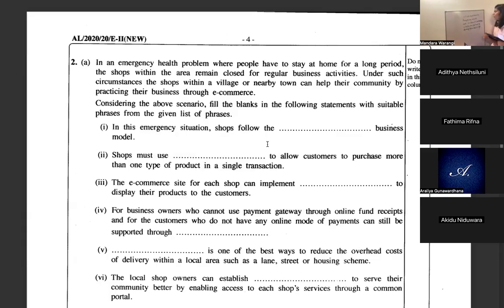So this is an online marketplace. A marketplace is where many sellers come to a specific place and sell goods. Same in online, which is the online marketplace. These are the answers. Easy.